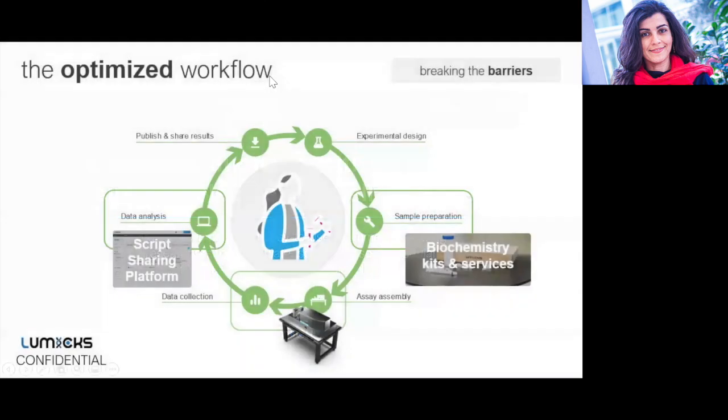We also try to make sure that our customers are successful, and we do that by helping them at different stages of their work, from experimental design to sample preparation, data collection, and data analysis.